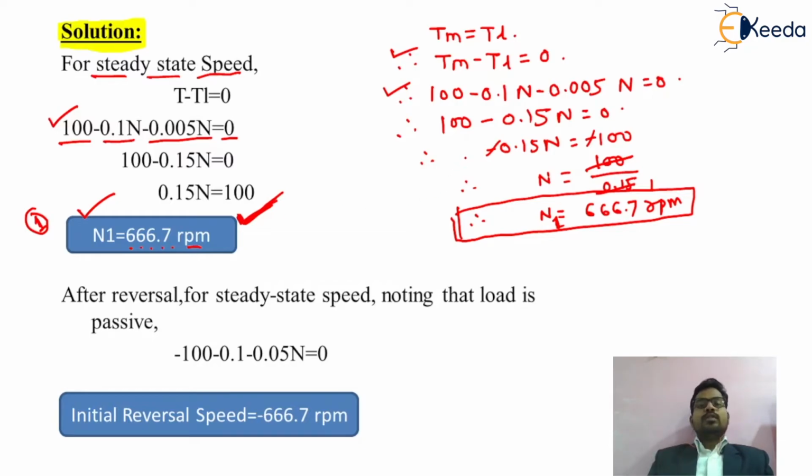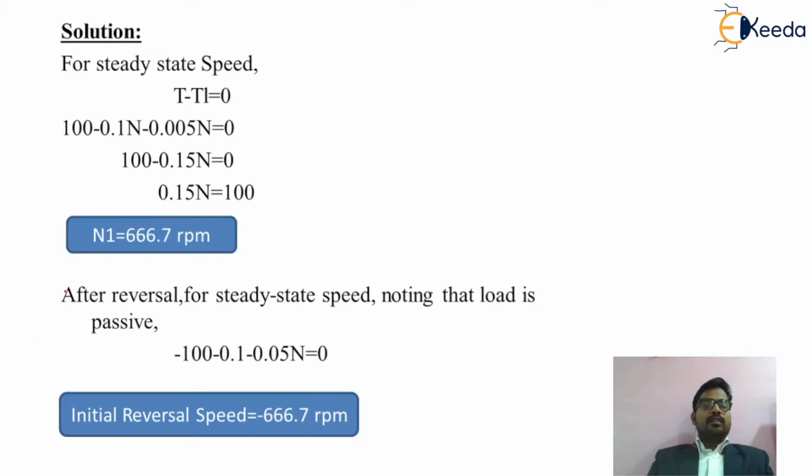Now we move towards the next thing, that is, we want to get the value of the speed when the reversal takes place. For the sake of understanding the reversal of your motor, we first get the steady state speed when the load torque is passive.